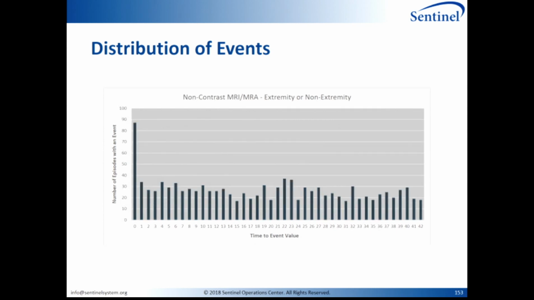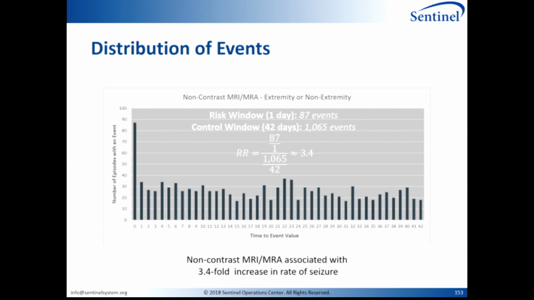These are the results for non-contrast MRI. And as you can see, the number of events is much higher day to day because there are more people receiving non-contrast MRI than contrast MRI. But when we do the math, the results come out very similar. We get a relative risk estimate of 3.4, which means that non-contrast MRI is associated with a 3.4-fold increased rate of seizure.